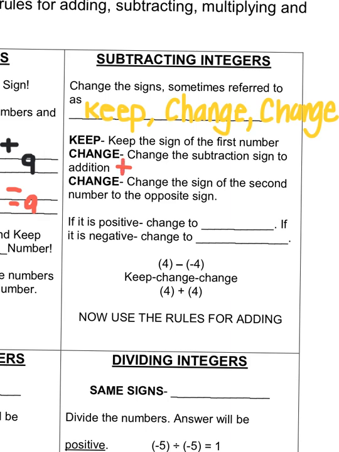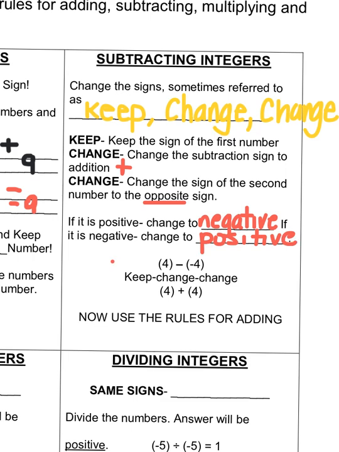And then change again means that we'll change the sign of the second number to the opposite sign. That means if it's positive, we'll change it to a negative number. If it's negative, we'll change it to its opposite. The opposite of a negative is a positive number.